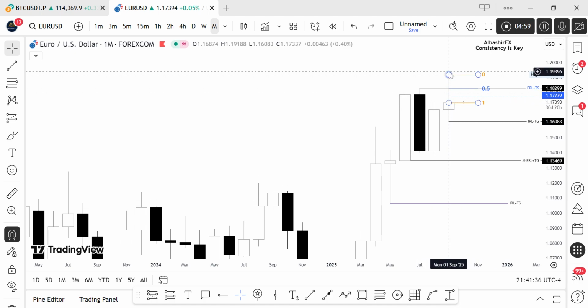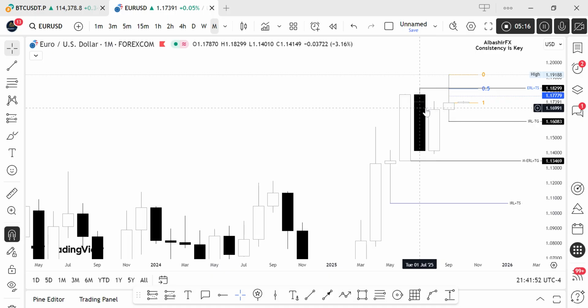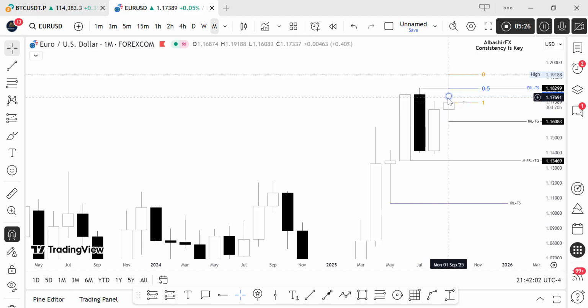What I would rather call it is a wick above candle. A wick above candle indicates lower prices, while a wick below candle indicates higher prices. Now we see a wick above candle, lower prices. To confirm more, we see a rejection, a close below, not a close above. So the market closes below, which is indicating weakness in the Euro US dollar.